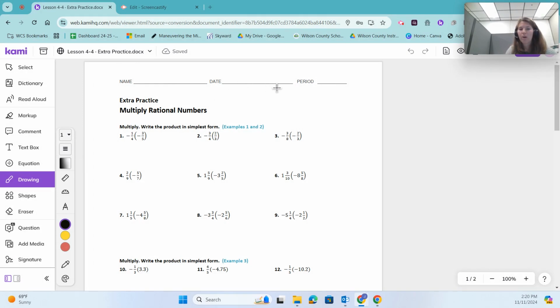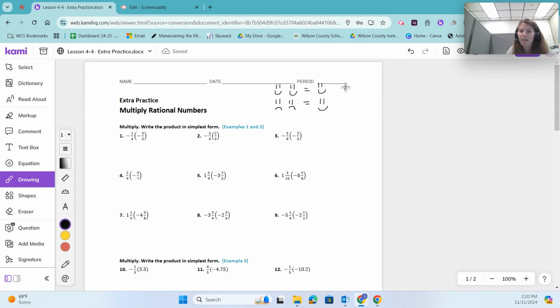Okay? Remember, when we have multiplication and division, we have a happy times a happy, so same signs, we get happy. Okay? If a bad thing happens to a bad person, that is also a good thing.